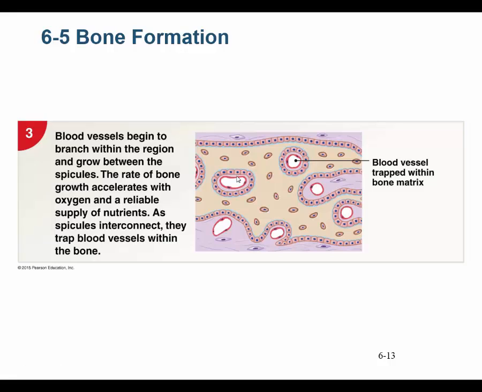All right. Now, what does that mean? Well, with these trapped blood vessels in here delivering oxygen to my osteoblasts and osteocytes, I have increased bone production, increased ossification. Increased oxygen means increased metabolism, which is increased ossification.